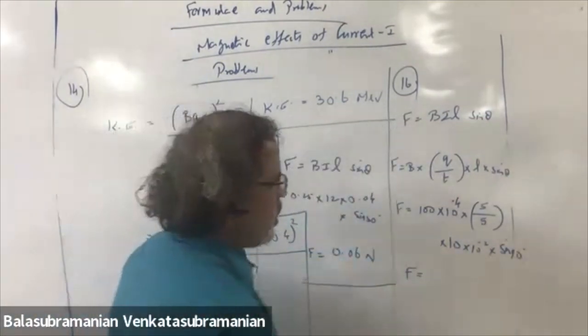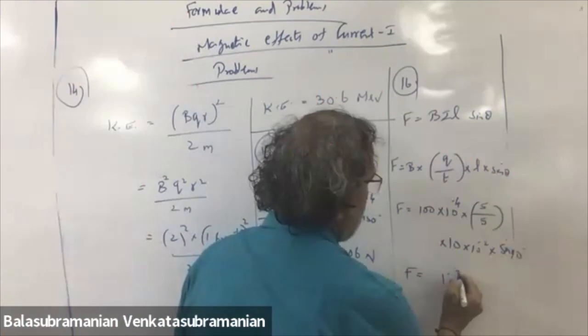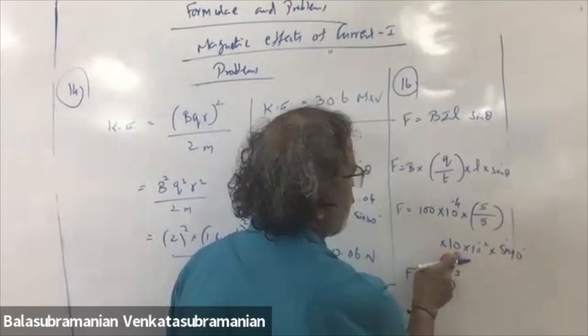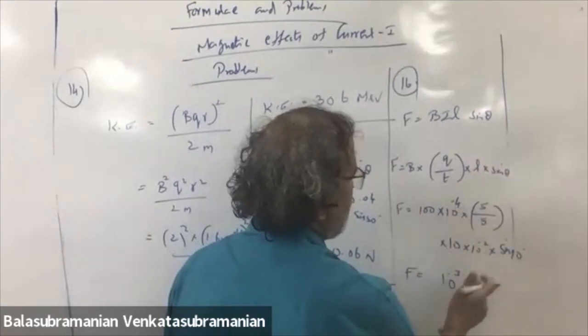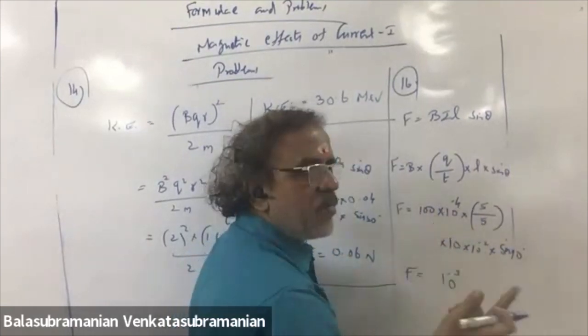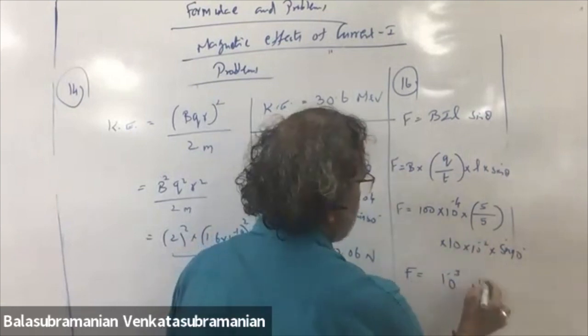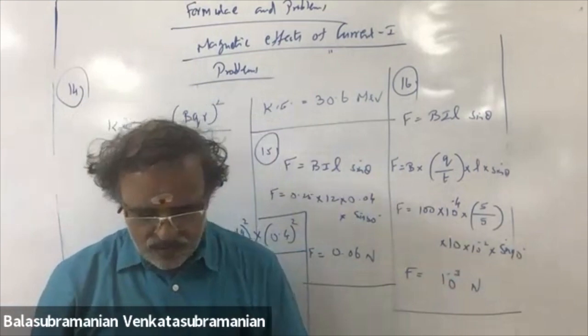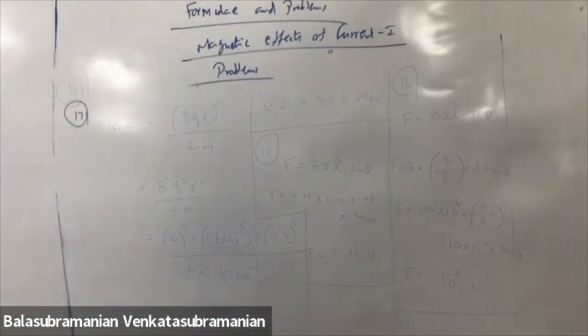Simplify, you are getting 10 power minus 3. This is 100, 10 is 10 power 3, 10 power minus 6. 10 power 3 into 10 power minus 6 is 10 power minus 3. This is the 16th problem.